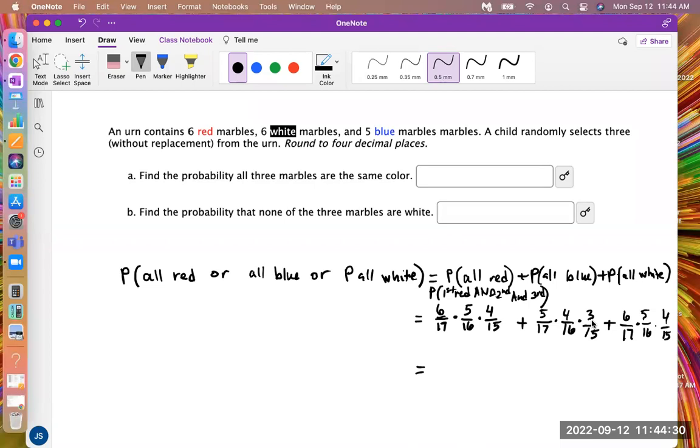So I'll start with all the numbers in the numerator. It's 6 times 5 times 4, which is 96 in the numerator here, over the numbers 17 times 16 times 15, which is 4,080.